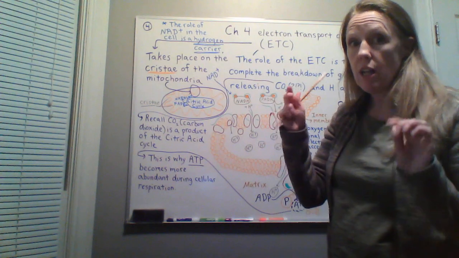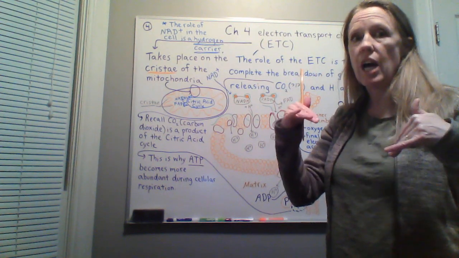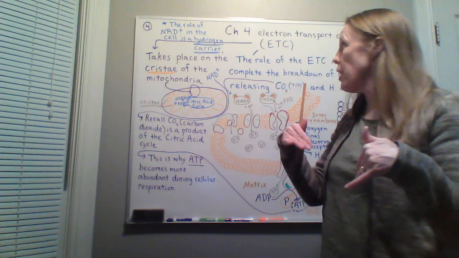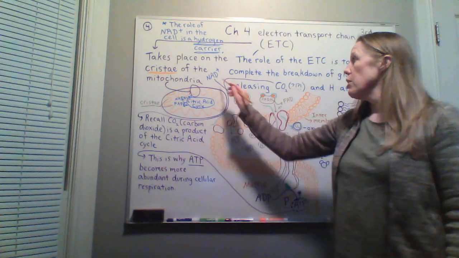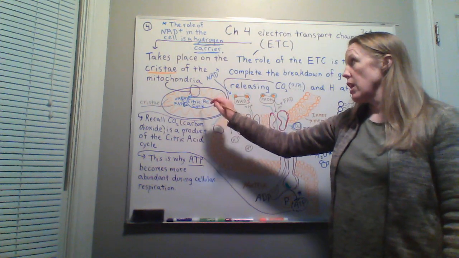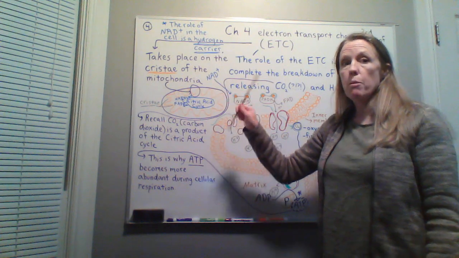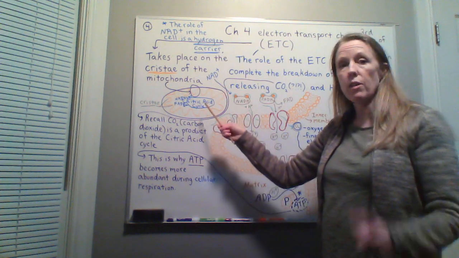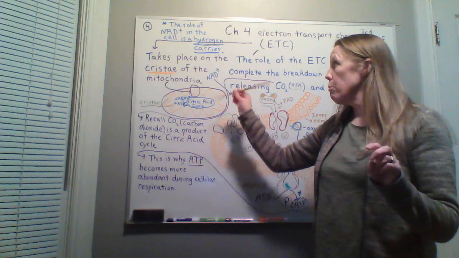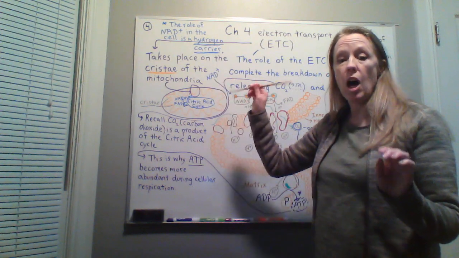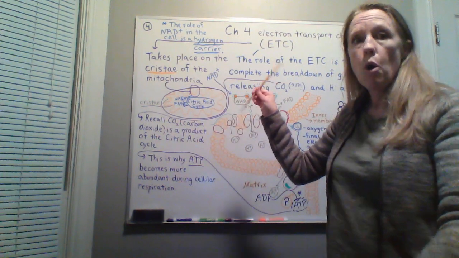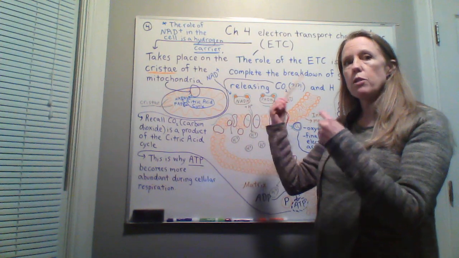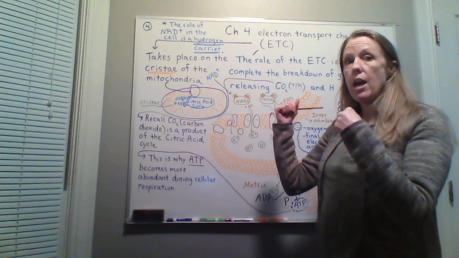Some people say the electron carrier, but for our purposes, it's the hydrogen carrier. It will come from the citric acid cycle to the electron transport chain. We only get 1 ATP in the citric acid cycle, but because we're making NAD+ and other hydrogen carriers, we take them to the electron transport chain and make a lot of ATP.